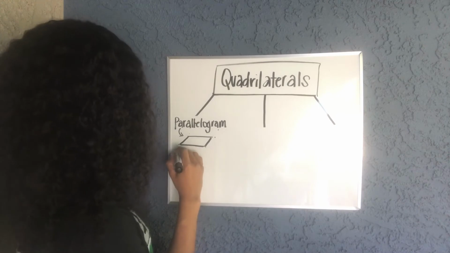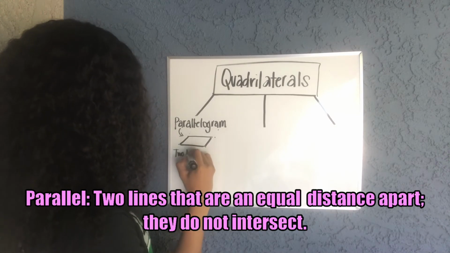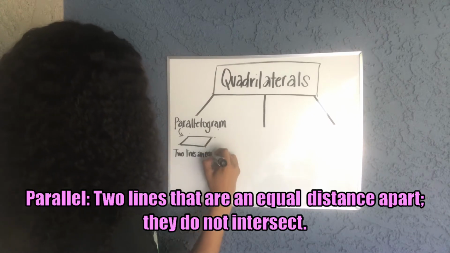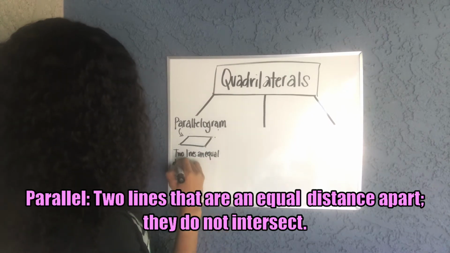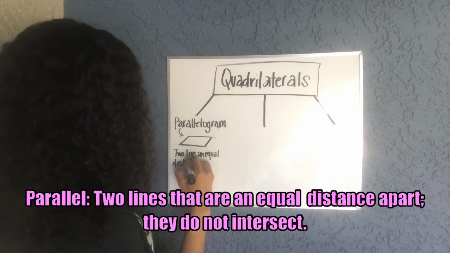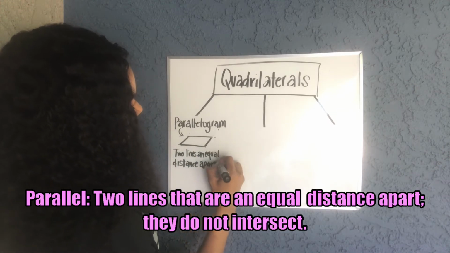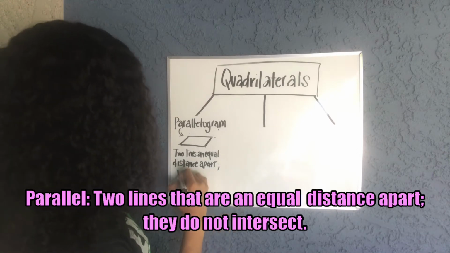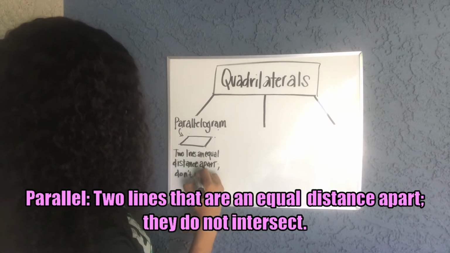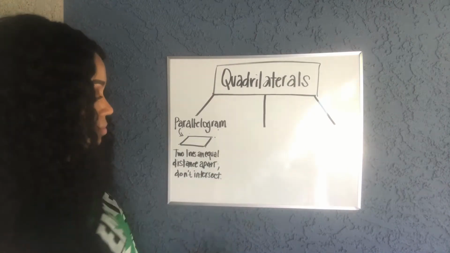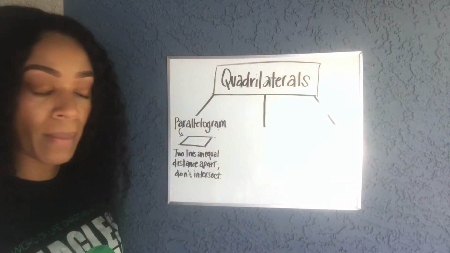It is two lines and equal distance apart. And they don't intersect. Make sure you get that down on your notebook paper.